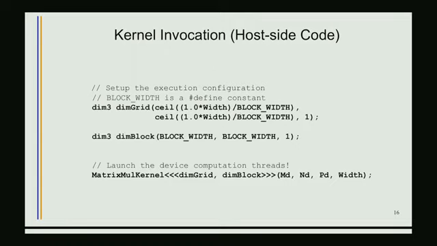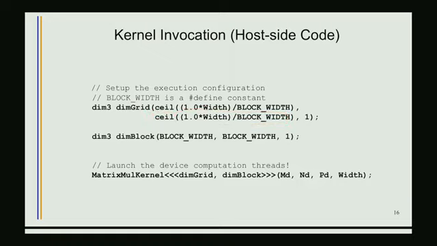So we would have to create an execution configuration that tells us how many blocks we have in each dimension and how many threads we have in each dimension within each block. And it's quite easy. We take the width and divide it by the block width. That's the number of blocks we're going to have in the x dimension in the grid. And then the same thing in the y dimension.